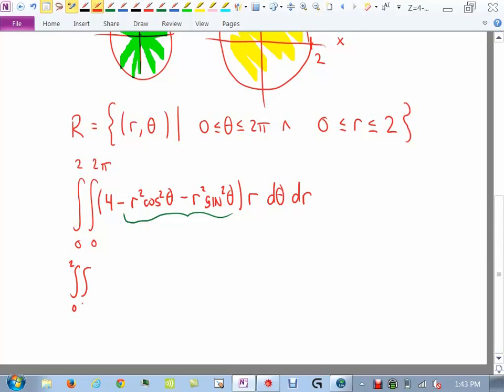We want that simplification. Then we still have the r out there. Then we could distribute the r through. And now we're integrating with respect to theta first. Theta doesn't even appear anymore. So that'll be an easy integration. We just go back from there. Questions?